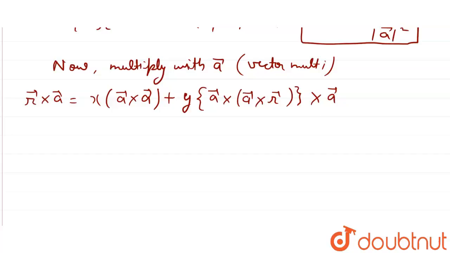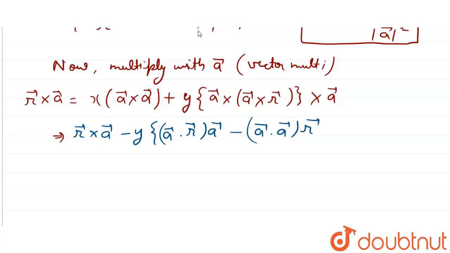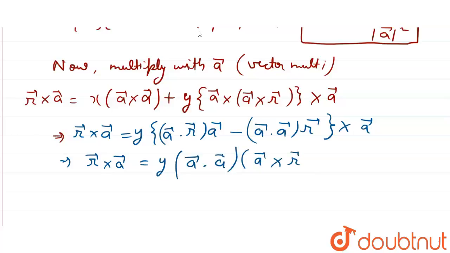This can be written as r vector cross a vector equals y into a vector dot r vector a vector minus a vector dot a vector r vector, so r cross a equals y into a vector dot a vector, a cross r vector, and here y will be equal to minus 1 upon a vector dot a vector.